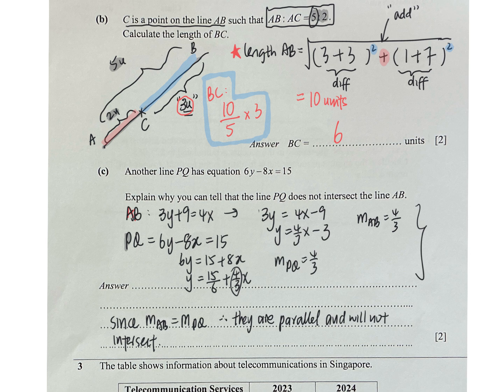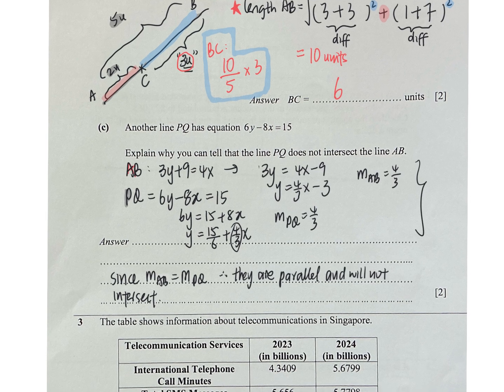So I can also tweak the question to ask you to tell me that these two equations actually meet. So some of you will try to solve simultaneously and tell me there is a solution. And then some of you can tell me since the gradients are not the same, they are not parallel, they will eventually meet at a point. So you can also say that.